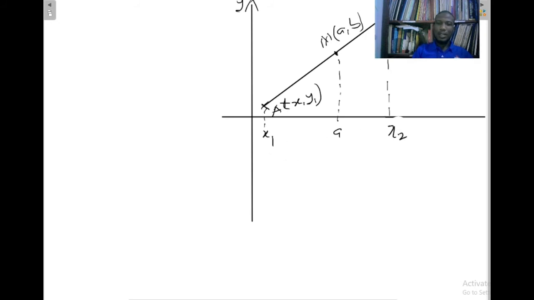Remember, these are the x coordinates of the various points. Then we have their respective y coordinates here. Here will be y1, here will be B, and then here will be y2.